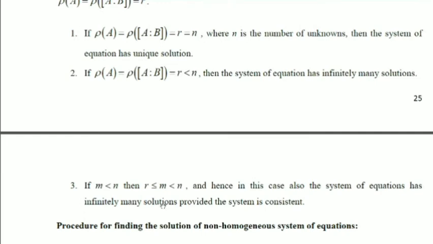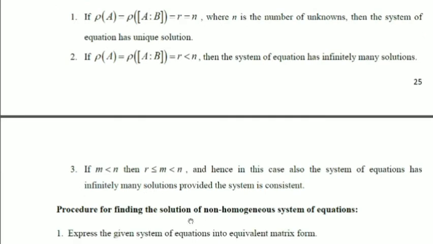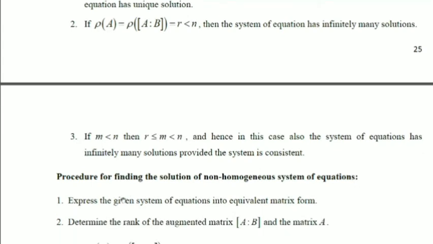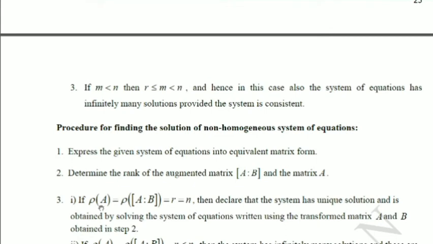So what is the working rule for finding the solution of a non-homogeneous system of equations? It's very simple. Express the given system in equivalent matrix form. Determine the rank of the augmented matrix and matrix A. Using this condition, if rank is equal to the number of unknowns, then it will have a unique solution.